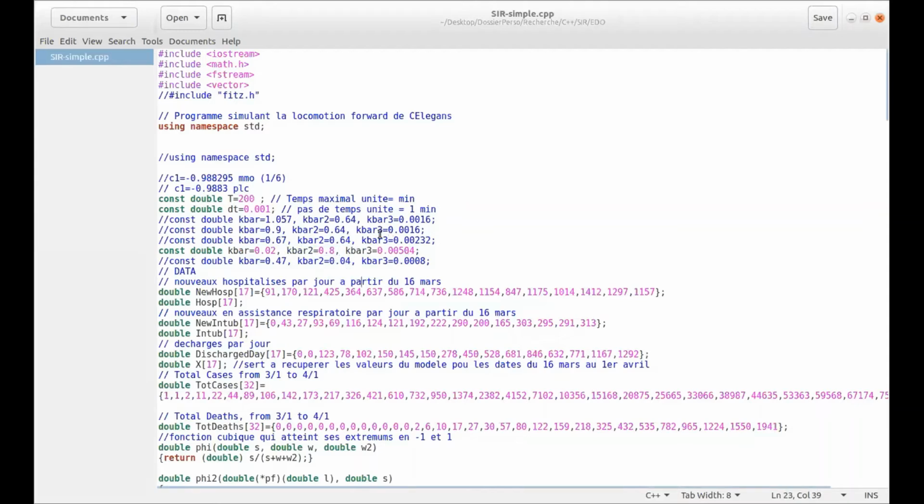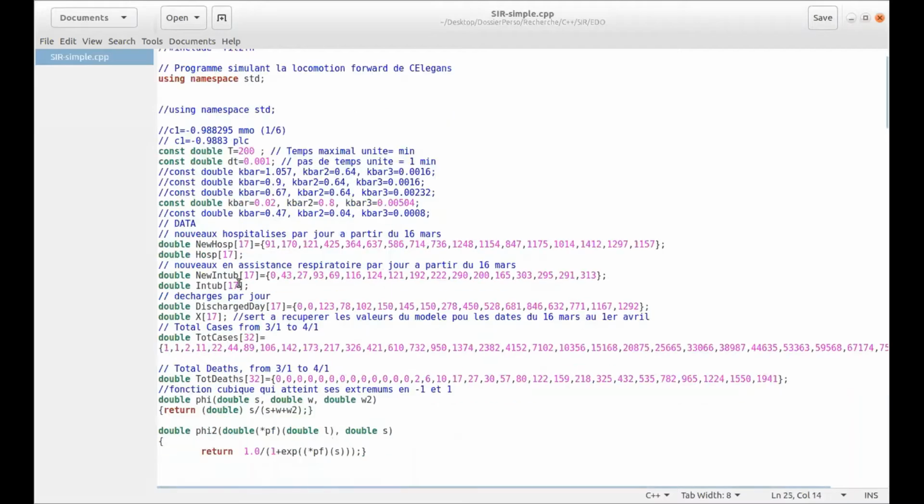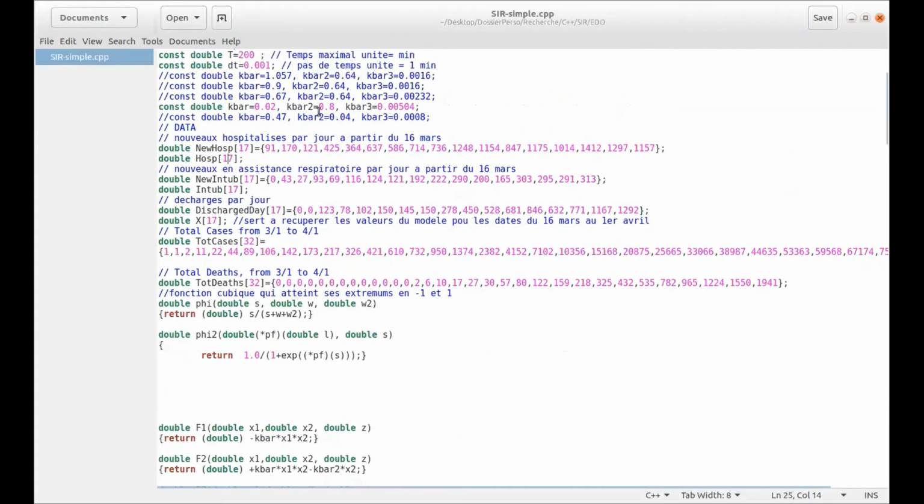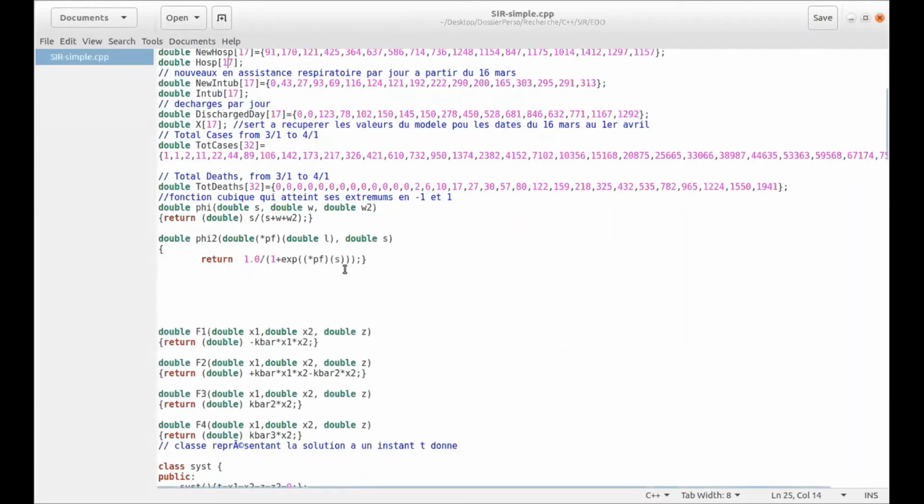And K bar 3, well, it's the rate at which people die, right? Because you have some people which go from I to recovered, but you also have people which go from I to death, right? But I'm not using that in this model, but after we will use it. So you don't need that. You can just have a look at it. I don't need these functions here.